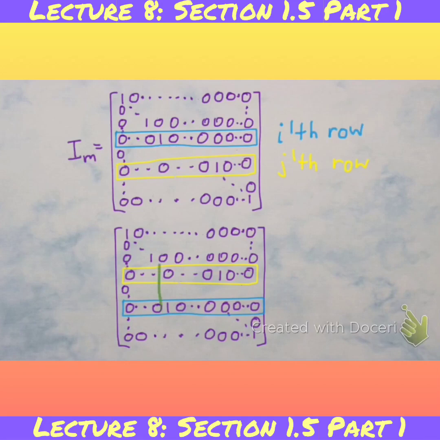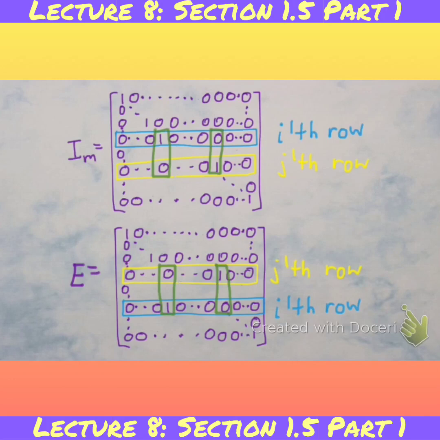And now just take note of the positions that the ones moved to. Again, that's the jth row and the ith row of the original matrix, and there we've got those values that interchanged. That is what we're going to call this elementary matrix.